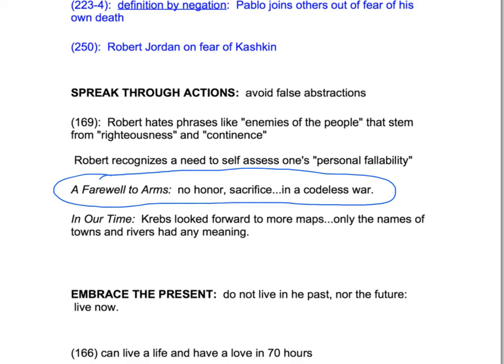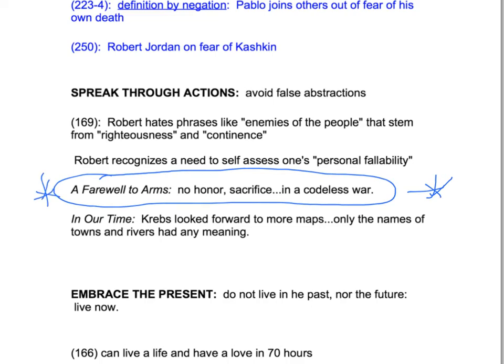And so in this great passage on page 169, Robert talks about how much he hates phrases like enemies of the people and righteousness and continence that are used by the fascists. And he, like Krebs and like Frederick Henry, looks to reject all of the false abstractions that occur at war.